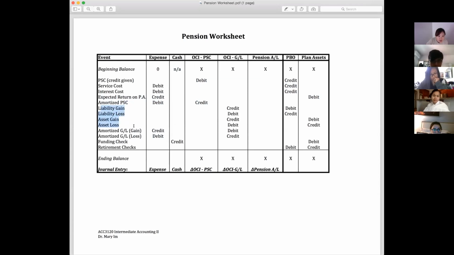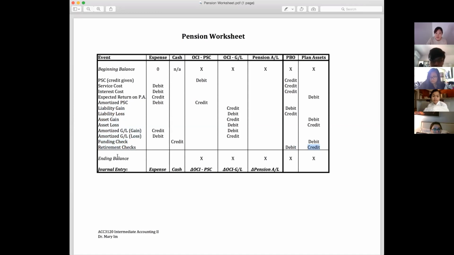All these rows we can ignore, from liability gain until amortized gains or losses. But then funding check, this is how much the company pays to the pension plan. In our previous case, that was like $25,000 some dollars. And then retirement check, this is how much the company pays out of the pension plan to the retiree. So retirement check will make the PBO go down, and the plan asset also go down.